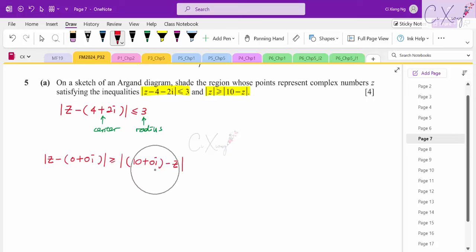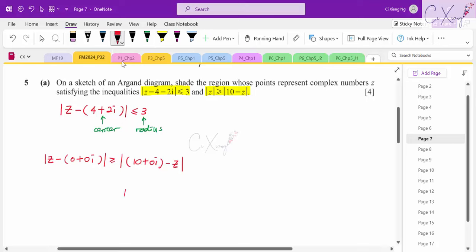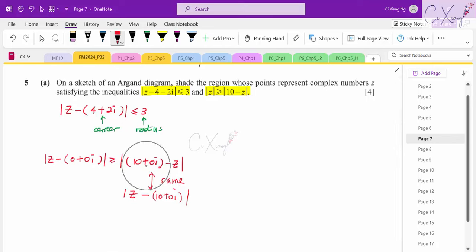Some students might ask, previously when we tried everything, we had the positive z minus a complex number. Then how can we draw a complex number minus the z? Basically, they are the same. Both of them have the same meaning, where the distance between the complex number z and the complex number (10, 0), this is the meaning of the modulus. Modulus means the distance between these two points, the z and (10, 0).